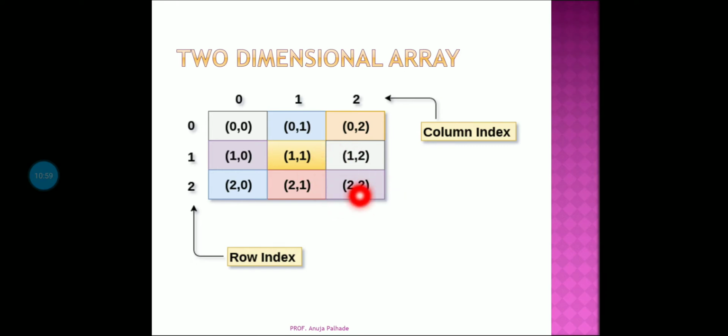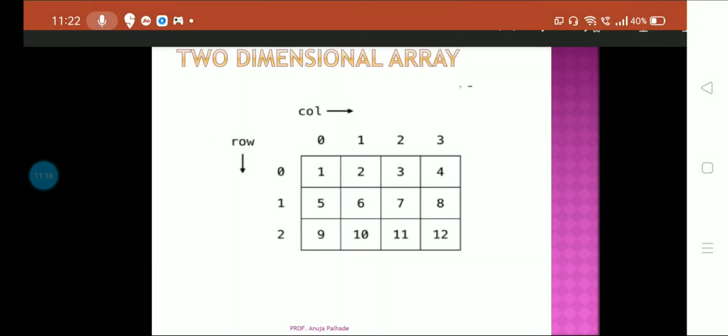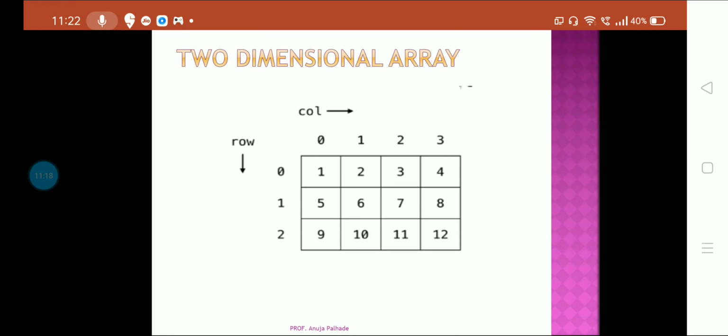If I store a 10 here, then at school of 2 comma 2 index, the element 10 has been stored. I hope you all understood how the indexing of a 2-dimensional array is done. Indexing is carried out column wise and row wise.